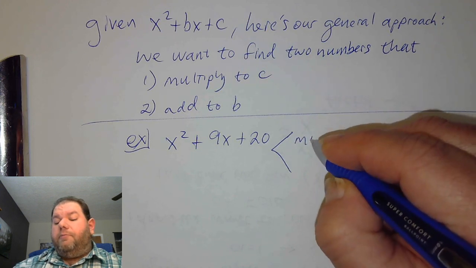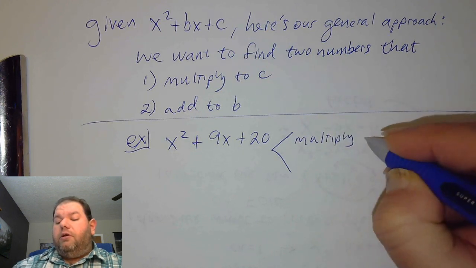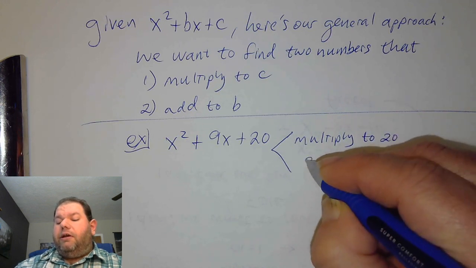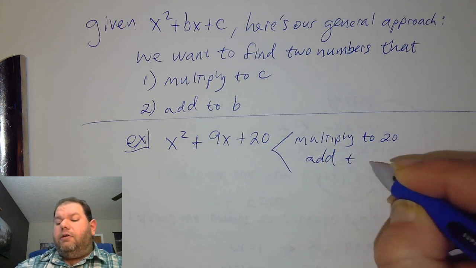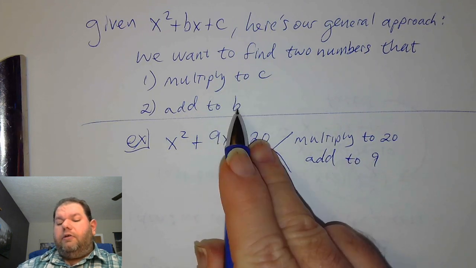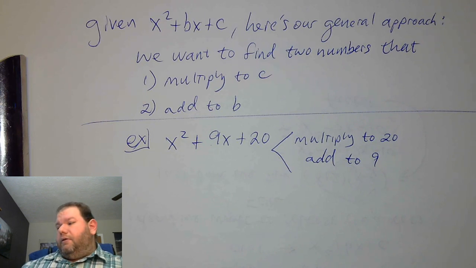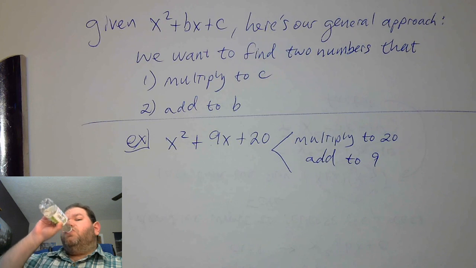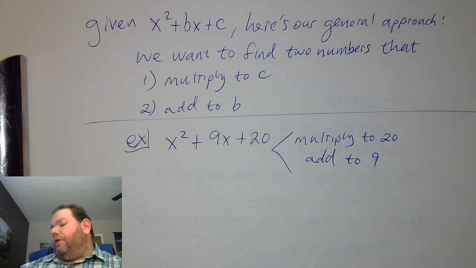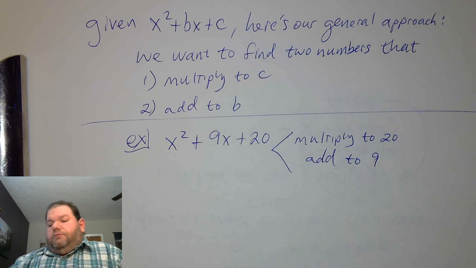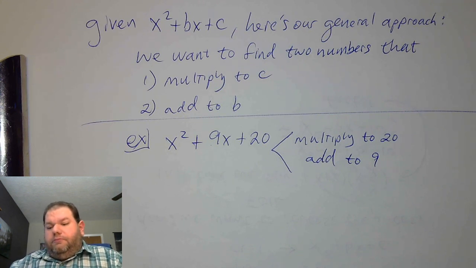So we want two numbers that multiply to 20 and add to 9, because b is our 9 in this case. Can you think of two numbers that fit that description, that multiply to 20 and add up to 9? Four and 5? Mm-hmm.